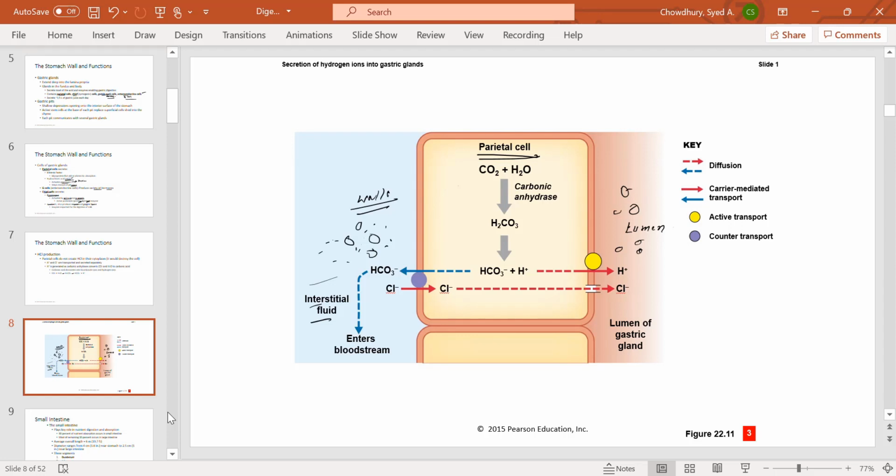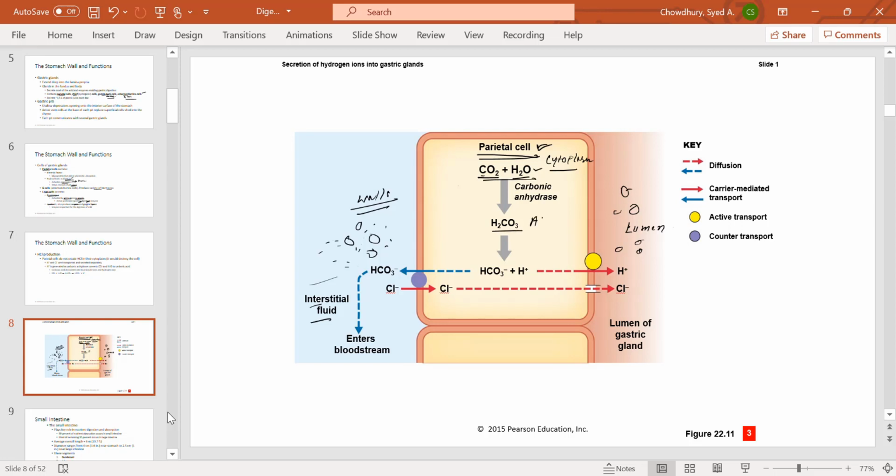So what happens, you see, the carbon dioxide reacts with the water inside the parietal cells. That means in the cytoplasm, right? Cytoplasm inside the cell. So in the cytoplasm of the parietal cell, carbon dioxide reacts with the water, and that produces carbonic acid.